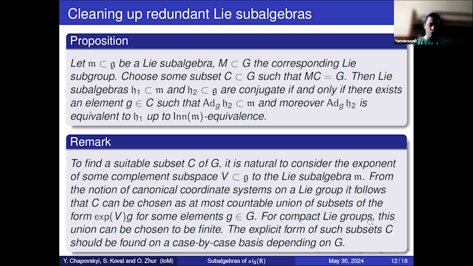For compact Lie groups, obviously, we can choose a finite cover. Otherwise, we can only proceed on a case by case basis.